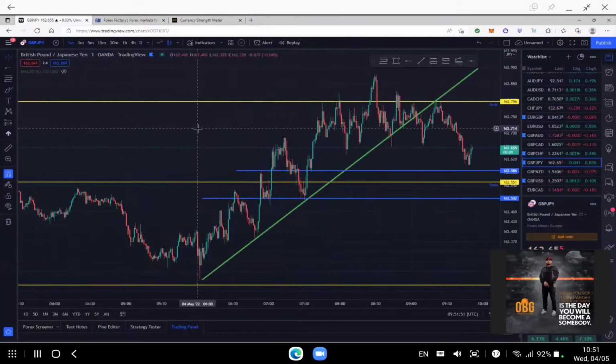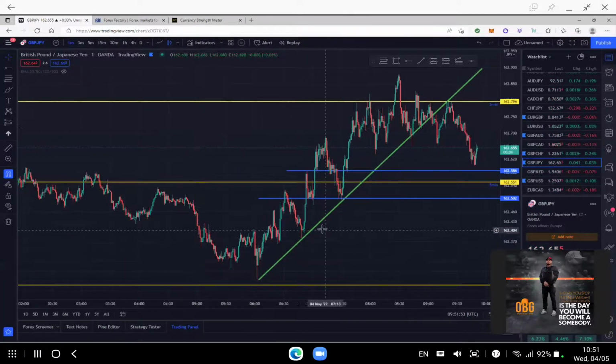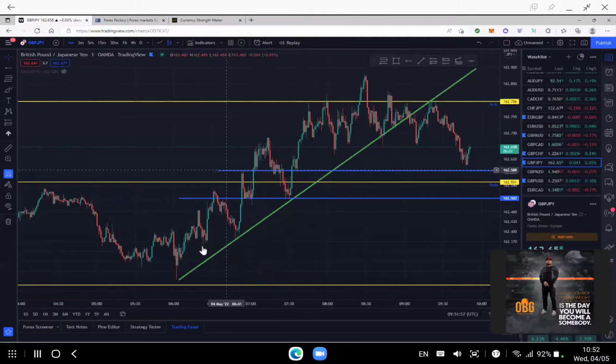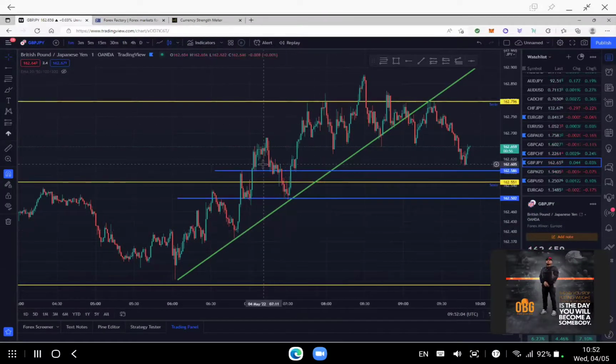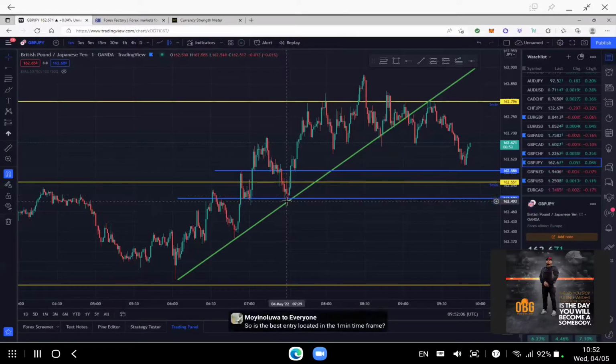I'll set it up tomorrow to show you a better trade entry. But how I would be marking my 1 minute is I find those smaller pivots where current price is, waiting for it to come down, hit my trend line and my support and resistance to go in for a trade.